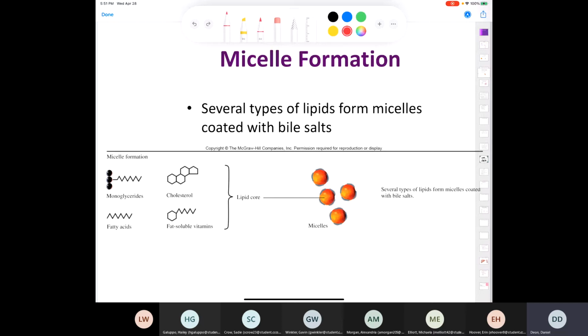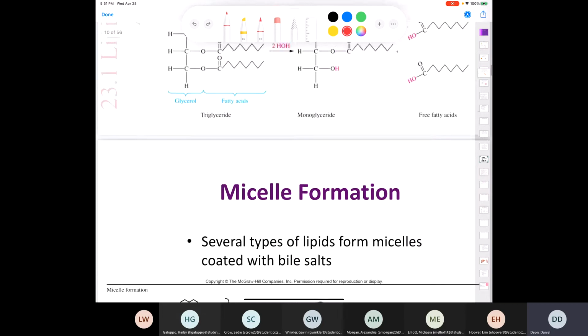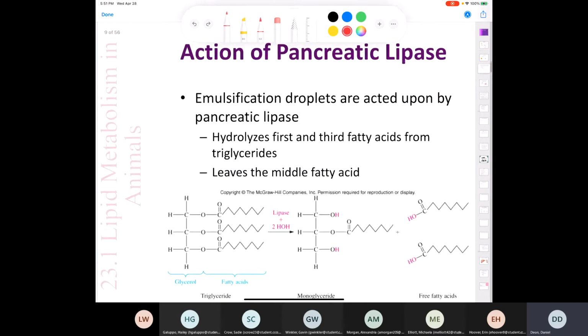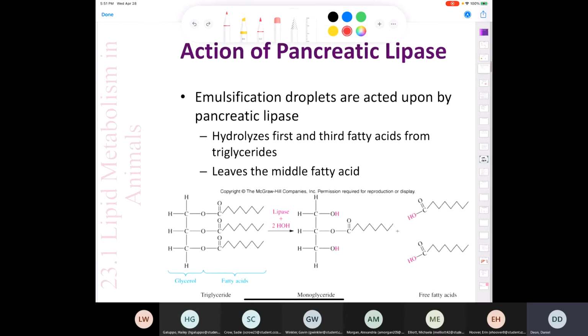So before we get into chylomicron formation and uptake, let's take a look at the action of pancreatic lipase. This is kind of a review of the enzymes chapter, right? Everybody knows that if you have a lipase, it's going to act upon a lipid. So I hope you all remember the structure of a triglyceride. We have the glycerol backbone, and you have 3 fatty acids attached to that backbone.